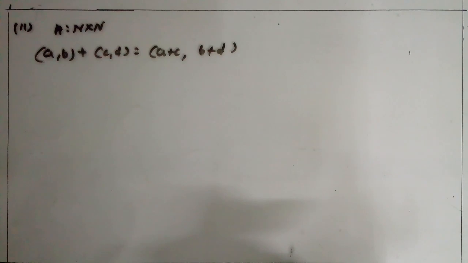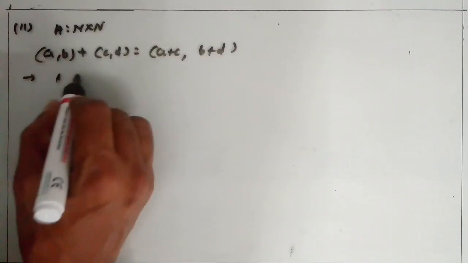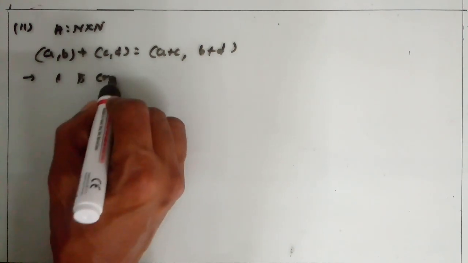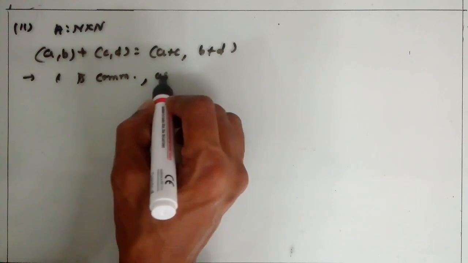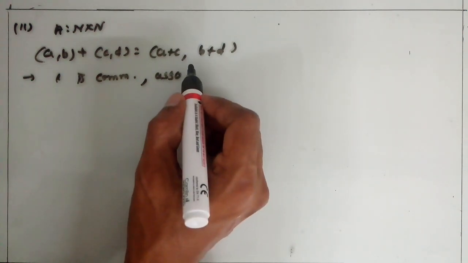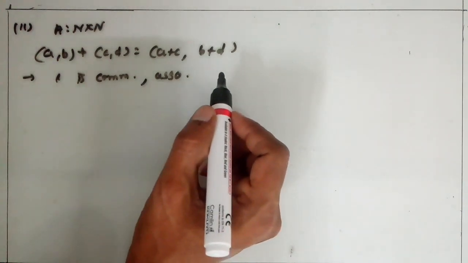Show that star is commutative and associative. Find the identity element for this star operation.